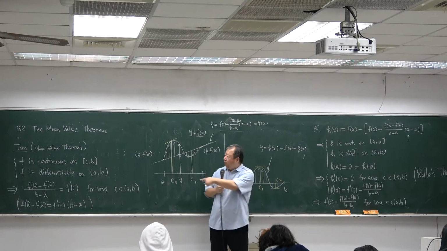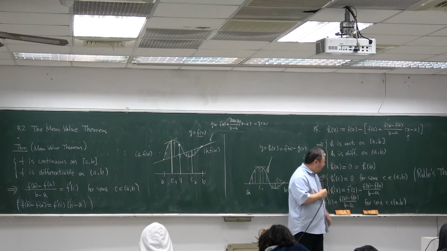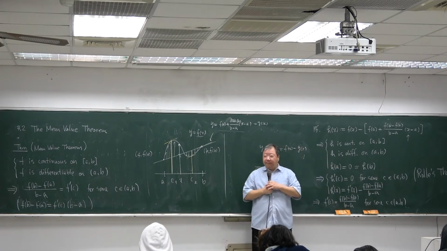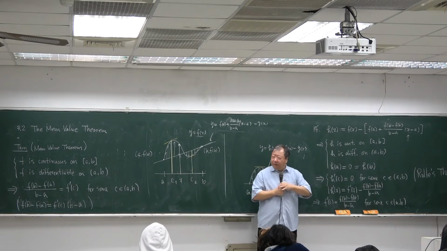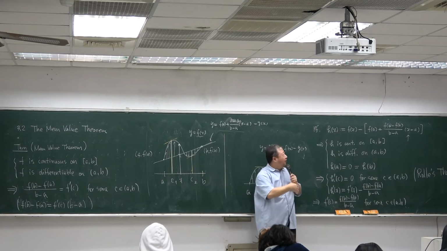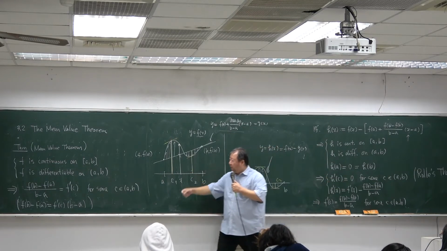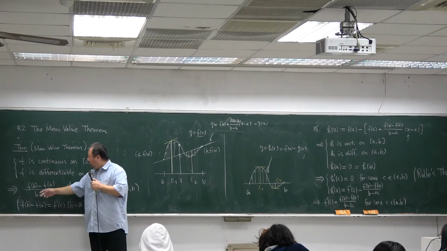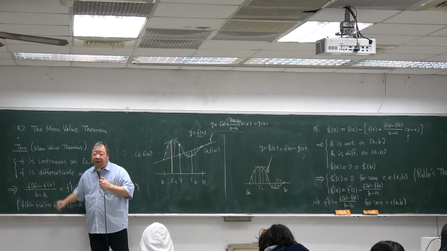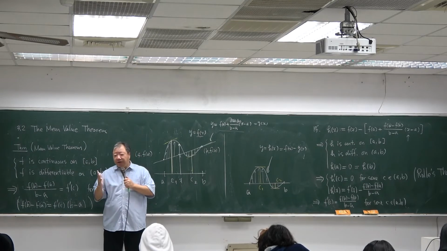But we can prove this by using Rolle's theorem. Use Rolle's theorem to prove that one, and use that one to prove Rolle's theorem, because Rolle's theorem is a special case of this one when f of a equals f of b, so the difference here is 0. So these two theorems are logically equivalent.